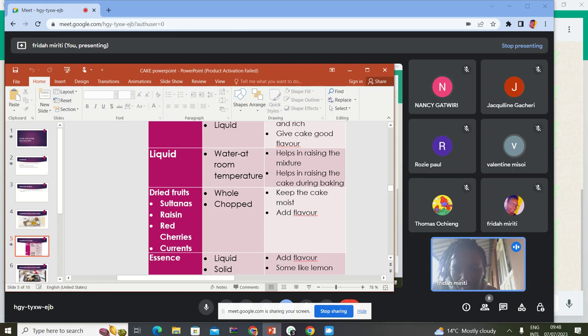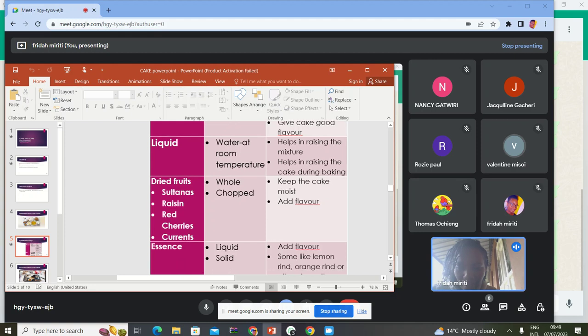These are sultanas, raisins, lentils, and currants. What can we use sultanas and red cherries for when baking the cake? Decoration, yes. Improves nutritional value, yes. And we also use them to add flavor in our cake.